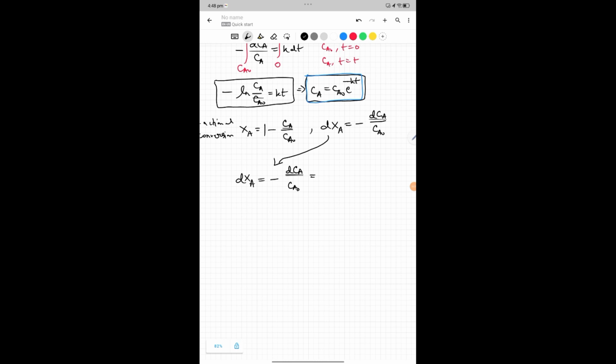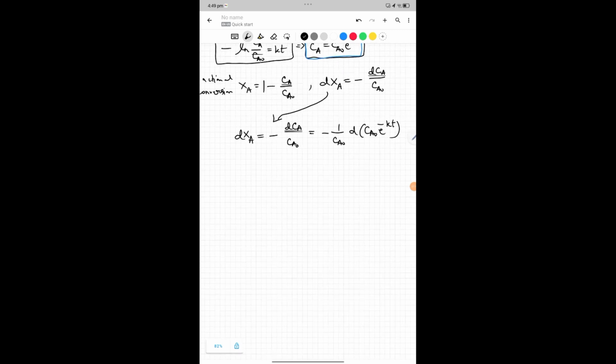We will get minus 1 by Ca naught, I am keeping it outside, d of this whole thing, e to the power of minus kt. Again, this Ca naught is constant, so we can take it outside.